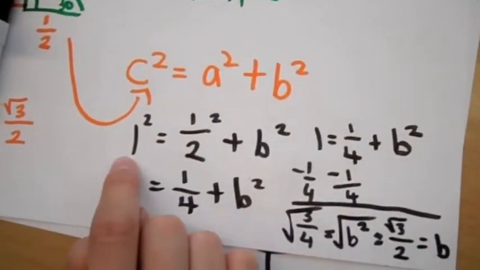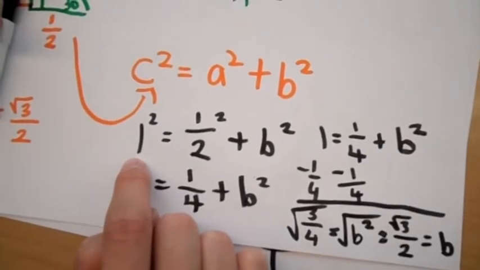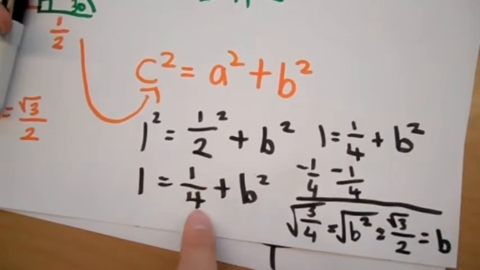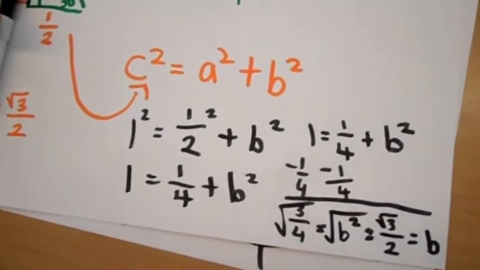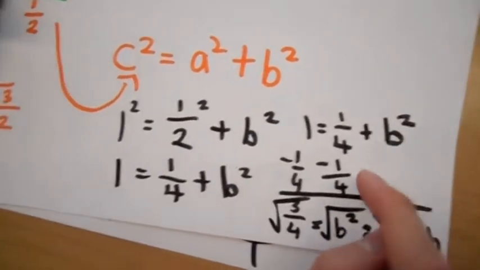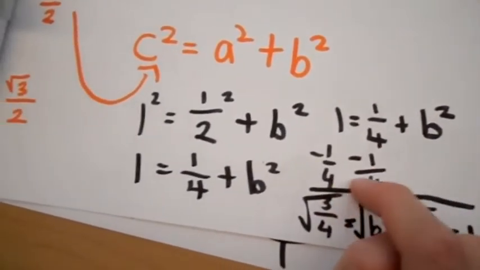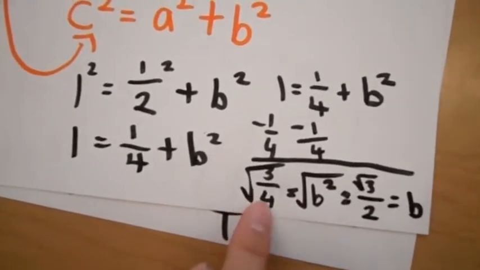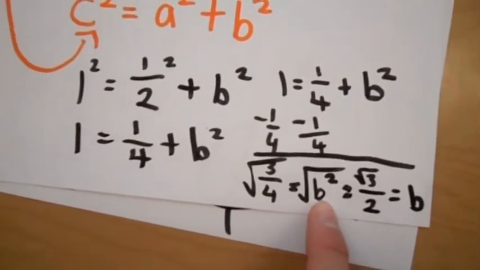Square root of, this 1 squared equals 1. 1/2 squared equals 1/4 plus B squared. Now you subtract 1/4 on each side, and you'll get 3/4 equals B squared.